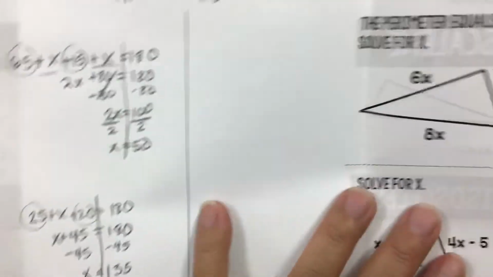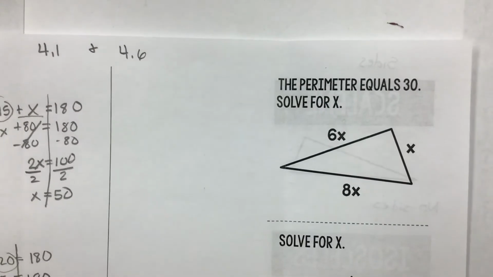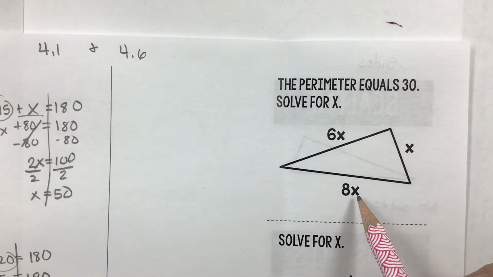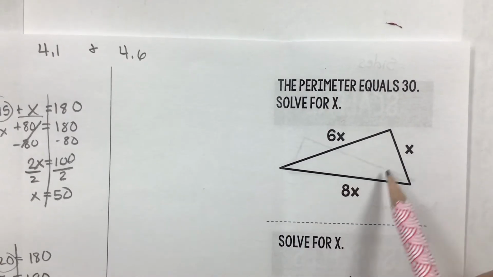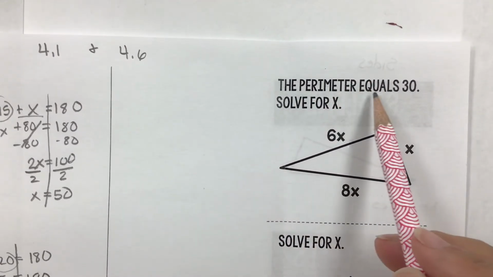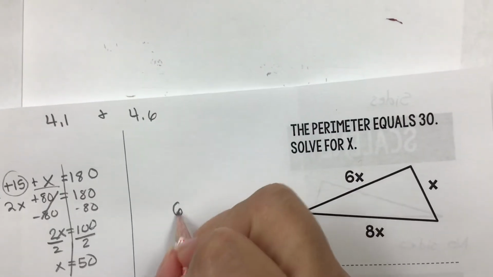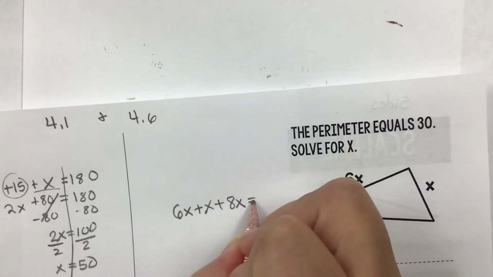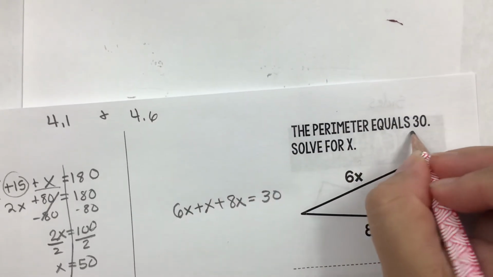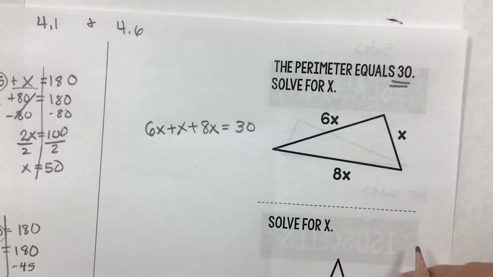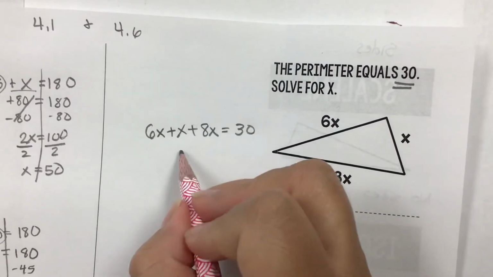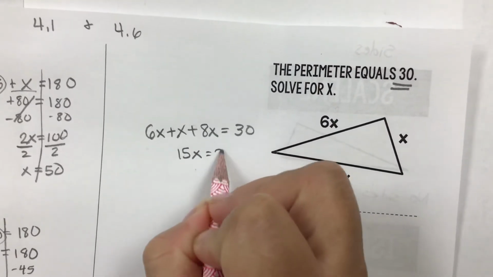On the other side, we can tell that this is scalene because none of the sides would be equal to one another, but we'd still add them together to get the perimeter. It says the perimeter is equal to 30. That means that we have 6x plus x plus 8x is equal to 30 this time because of the perimeter. 6 plus 1 plus 8 gives me 15x is equal to 30.